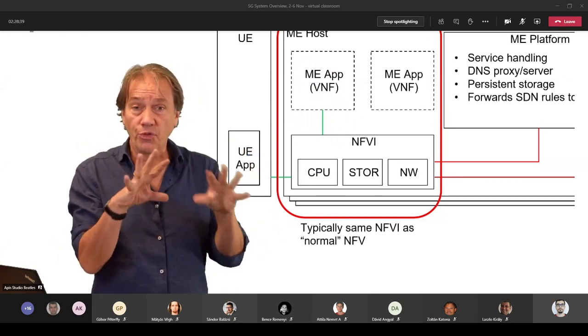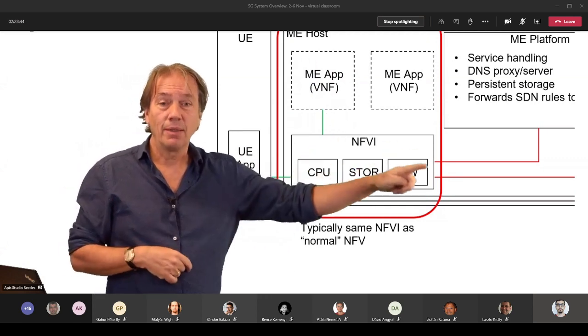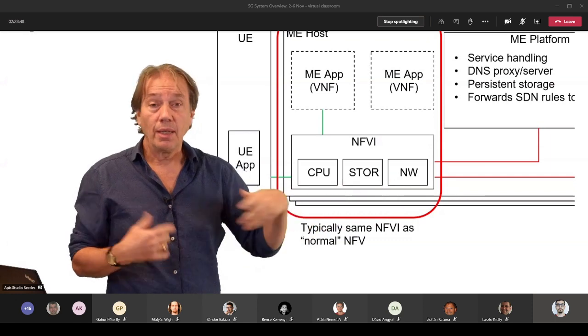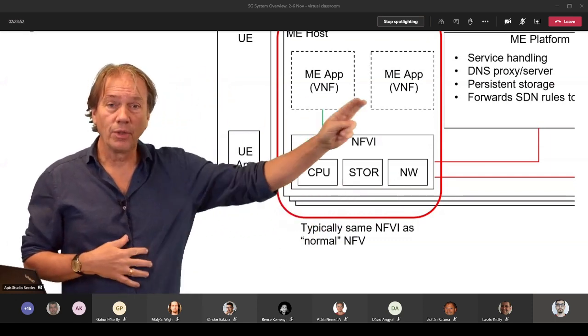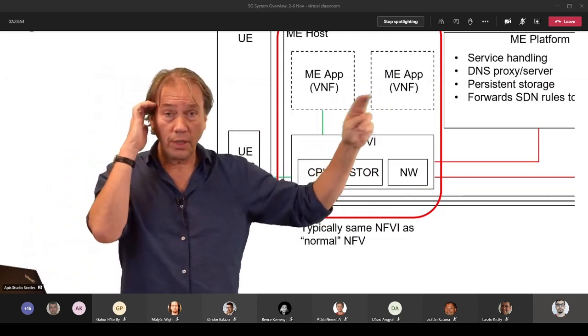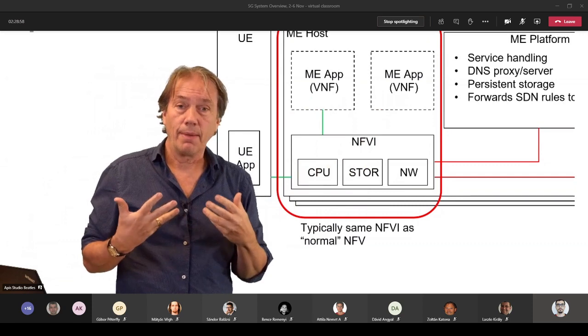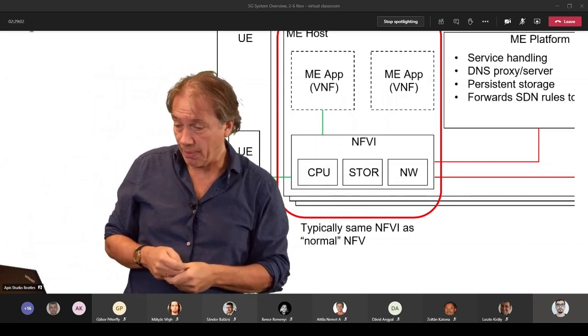It's some software package spinning on compute, storage, and networking resources. So using the same approach, we can also start and stop and move and scale ME applications, multi-access edge applications.